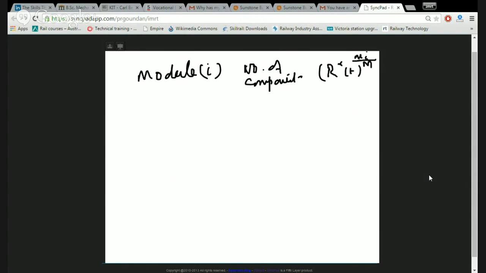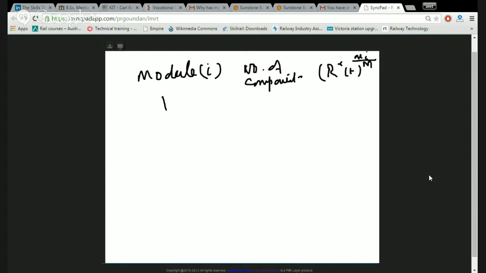Now there is a module number I, with Mi number of components. So the reliability will be the number of components of the subsystem, small Mi, divided by capital M, the total number of components.